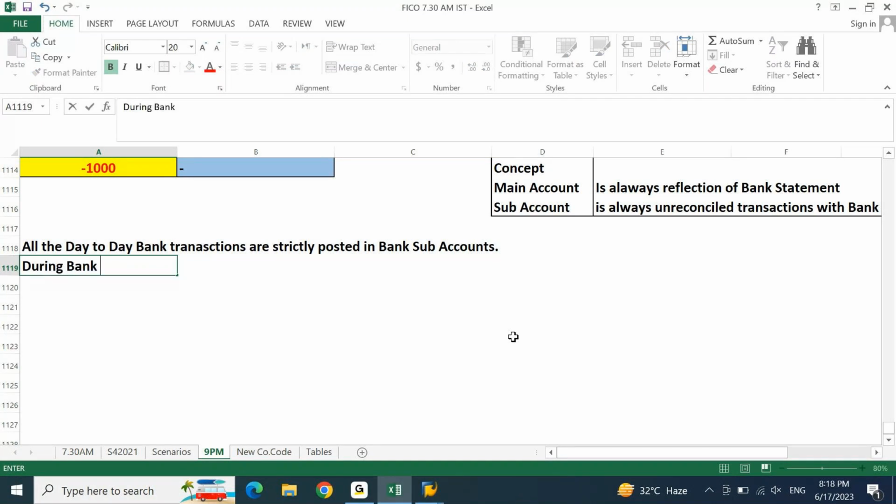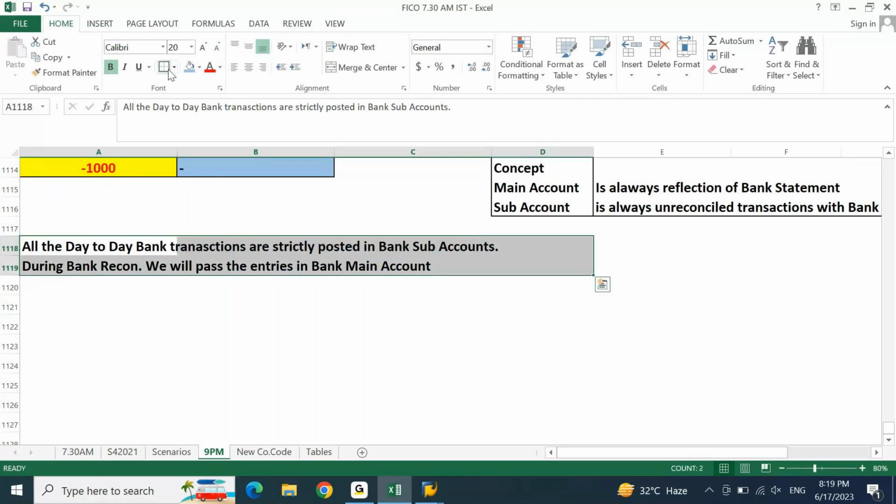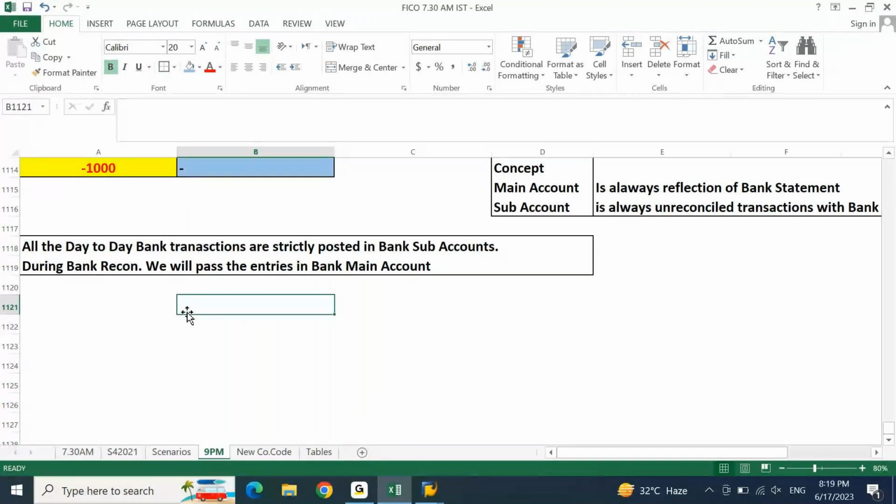During bank recon, we will pass the entries in the bank main account. Are these 2 points clear? Yes, sir. All your day-to-day bank transactions, strictly you have to post in bank sub-accounts. Your bank main account will receive postings only during bank reconciliation. When you are not doing BRS, there is no entry in the bank main account.